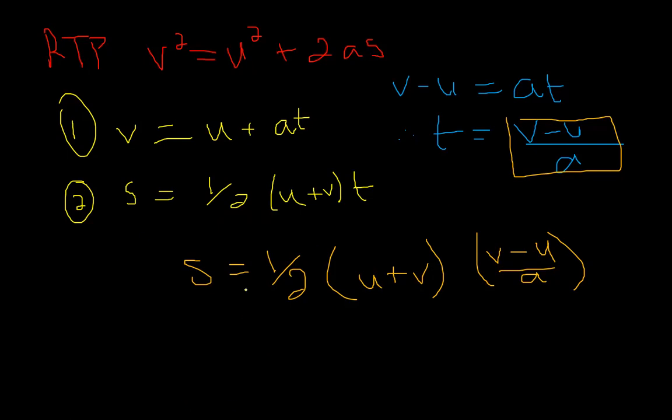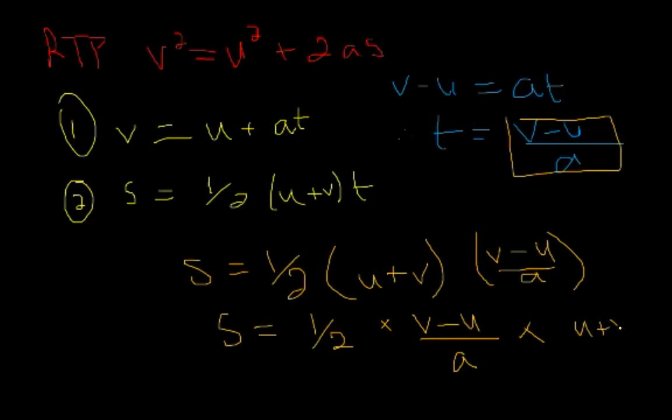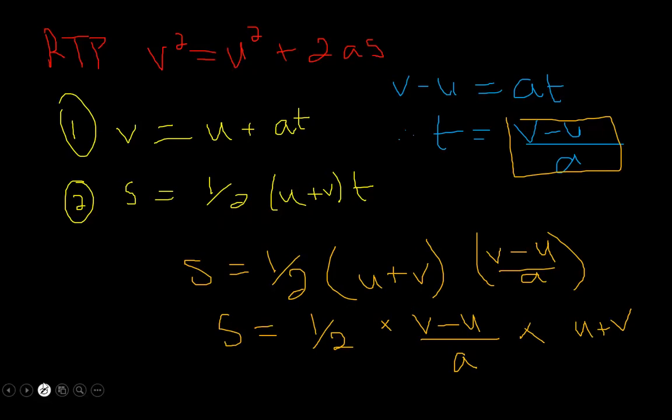Okay. So just simplifying this a bit, right? Let me just rearrange it because I know some people might have trouble with this algebra. I'm just using multiplication signs instead of the brackets. So v minus u on a, then this is multiplied by u plus v. Simplify this a little more.